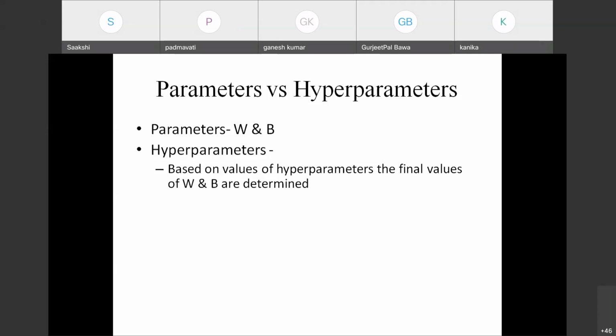So here we need to choose hyperparameters in such a way that we determine W and B in a very small number of iterations.